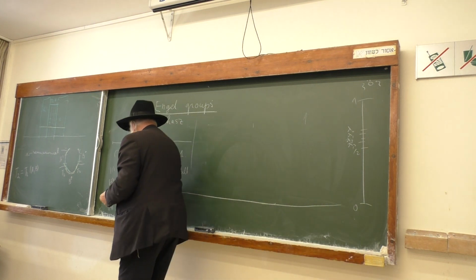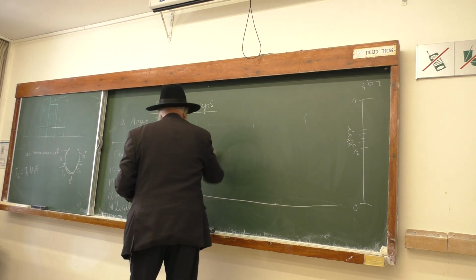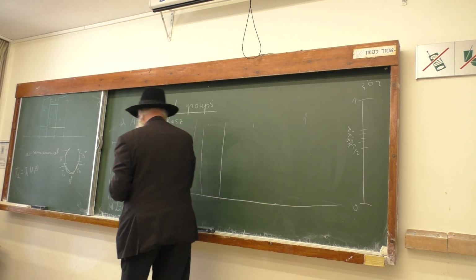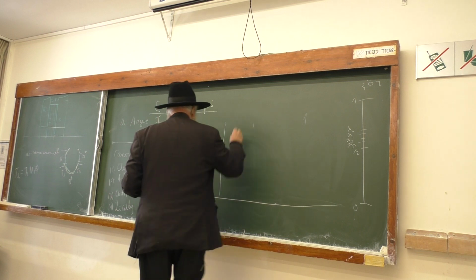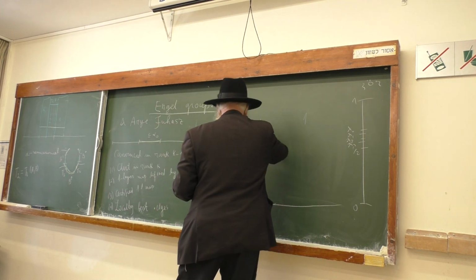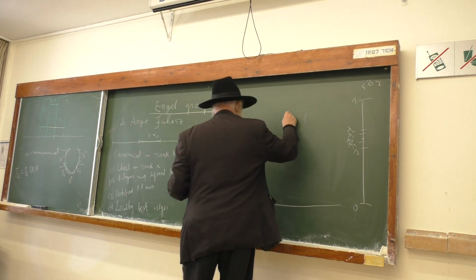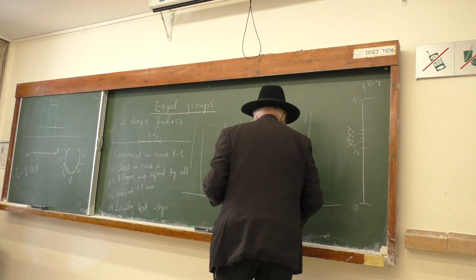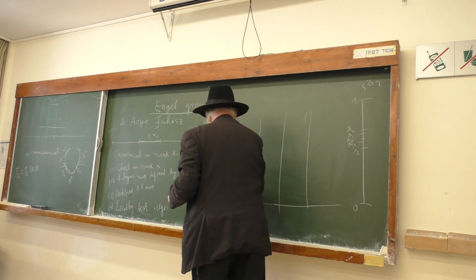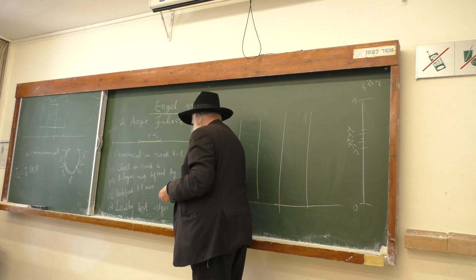So here we have some band of flats. Here we have another band of flats, etc., etc. Now we have to define the connecting passes.